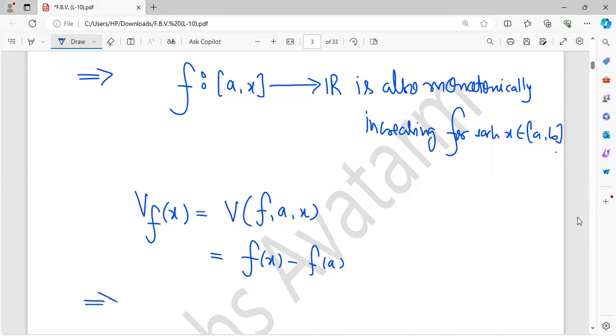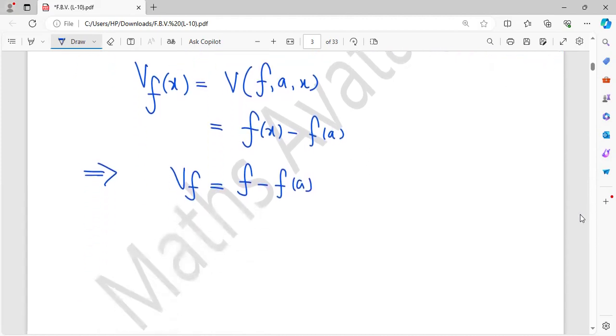So this implies V_f is equal to f minus f(a), for each x belonging to [a, b].